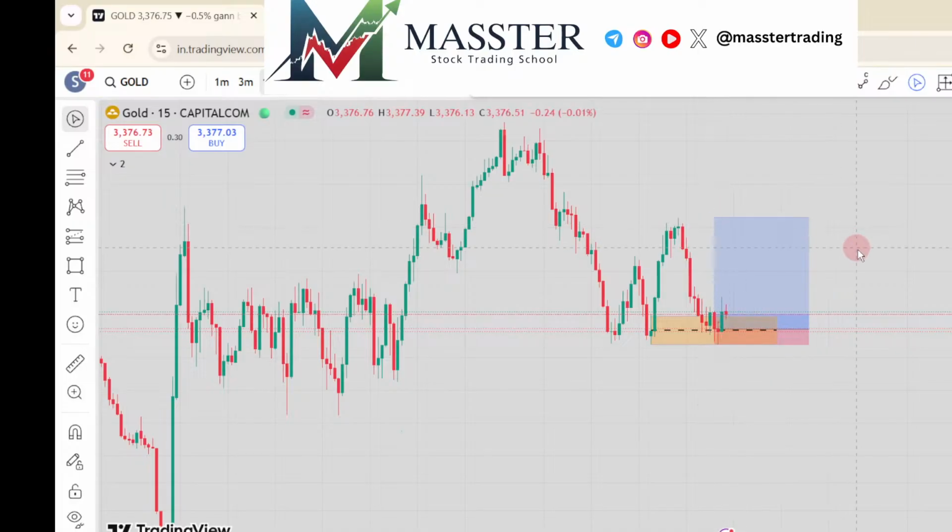If bulls can take control here, the next possible target will be this point, 3385. And if bulls are not in control and sellers take control of this market, we can exit easily. Our stop loss is here around 3372.